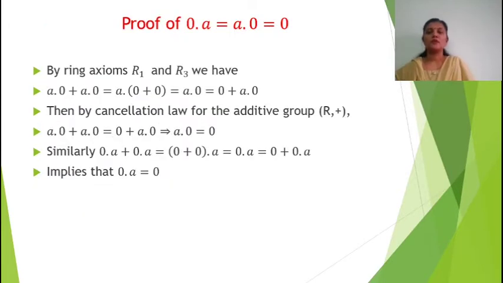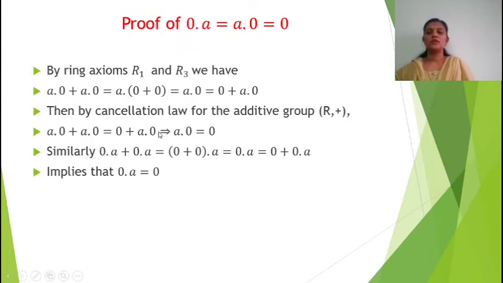Now the first one, proof of 0·a = a·0 = 0. By ring axioms R1 and R3, we have a·0 + a·0, which by the distributive law is equal to a·(0 + 0), that is a·0, since 0 + 0 = 0. Now a·0 can be written as 0 + a·0. So a·0 + a·0 = 0 + a·0.